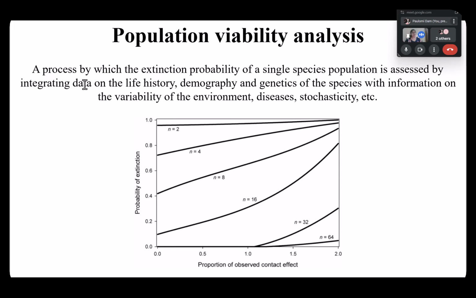All the study together will tell if this is the present condition. You can see here, this is the effect that we are trying to measure, and we are trying to look into the extinction probability. And this here is the number of individuals for starting.